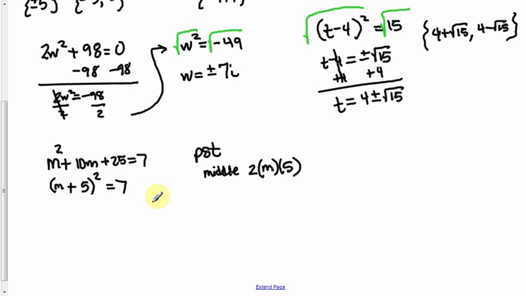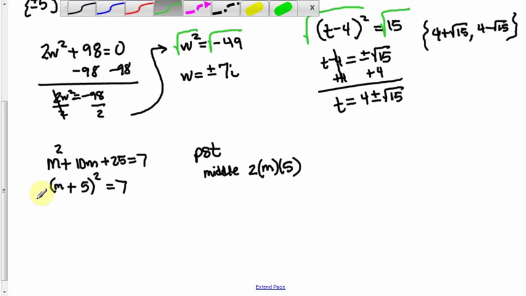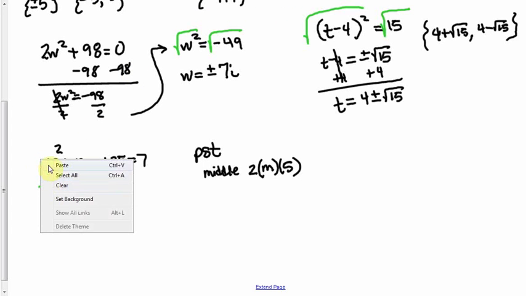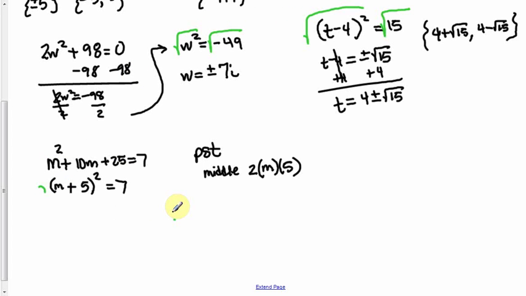Now we said it was going to be m plus 5 times m plus 5, but we're learning about the square root property, so that means that we want it to look like something being squared. So I wanted to write it like this. And then, of course, we can just apply our square root property to both sides. My pen is going crazy. And you get m plus 5 equals plus or minus the square root of 7.